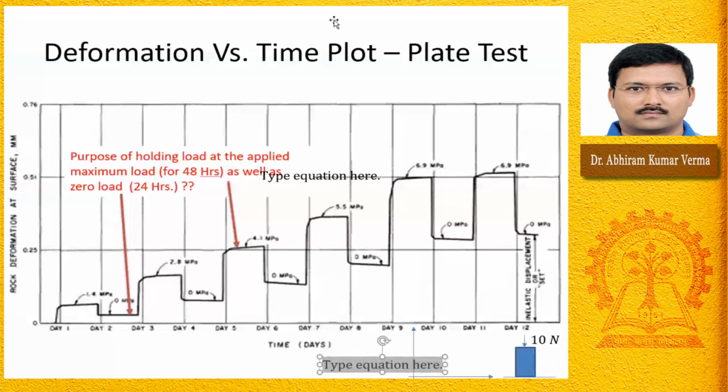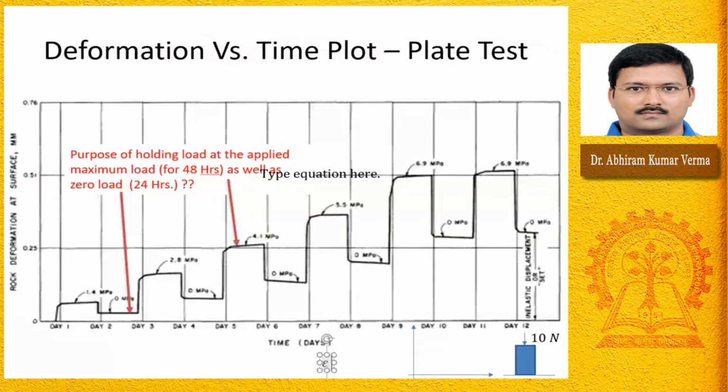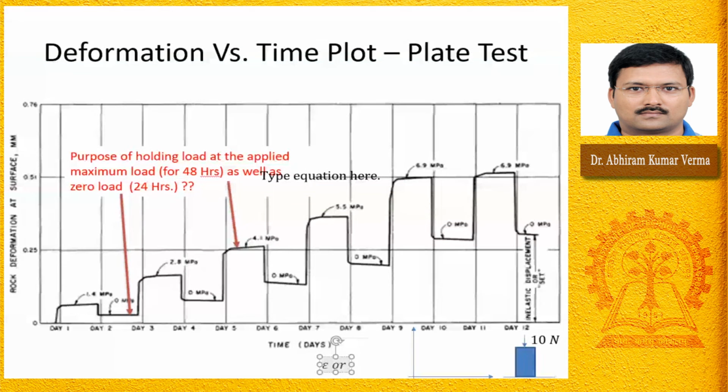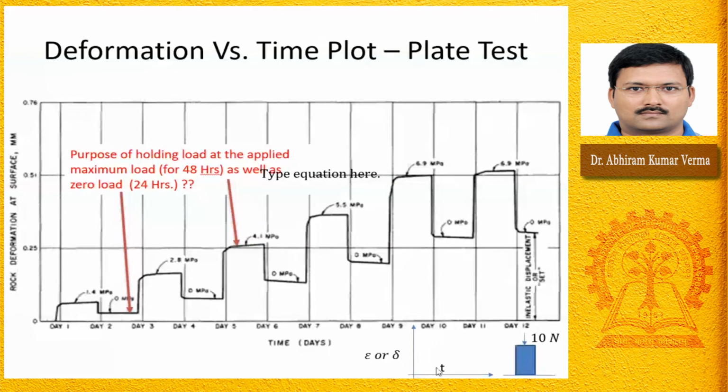Strain we represent by epsilon, or we are interested in the delta, meaning deformation. So we can measure the strain or the deformation on the y-axis, and on the x-axis we measure the time. If you have this type of measurement, you can find two things: the nature of the curve.